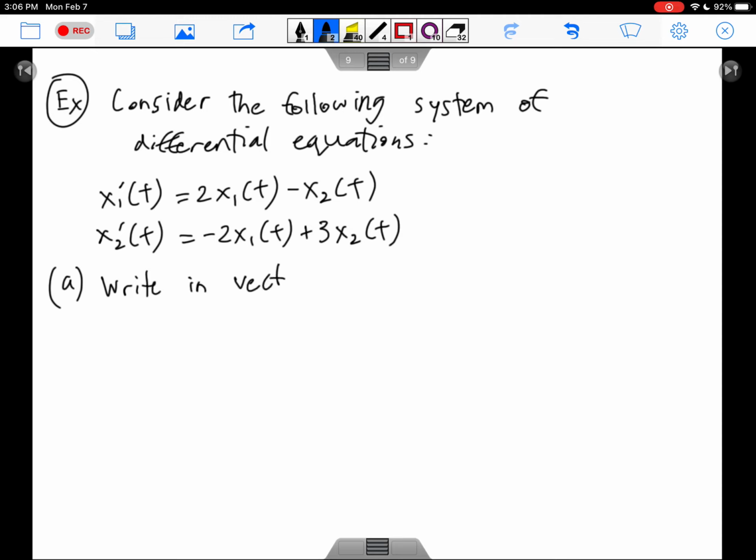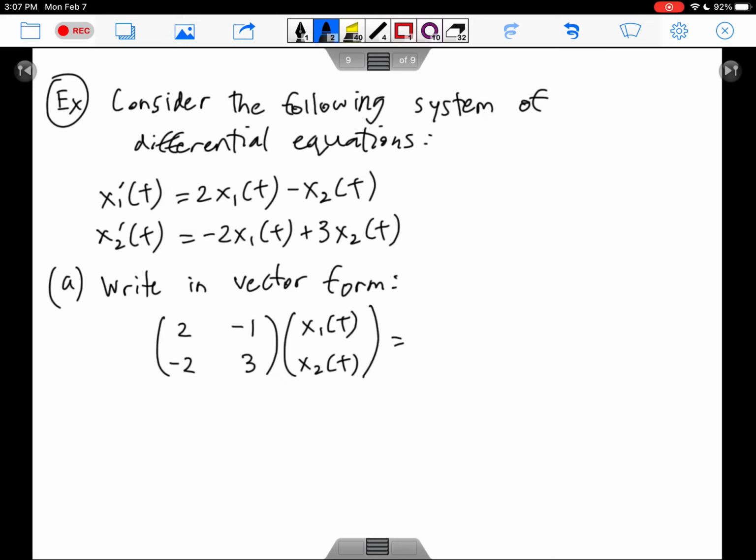So first thing we want to do is to write it in vector form. So let's start by taking our two x1 and x2 of t functions and writing that as, well, let's start with writing the matrix, right?